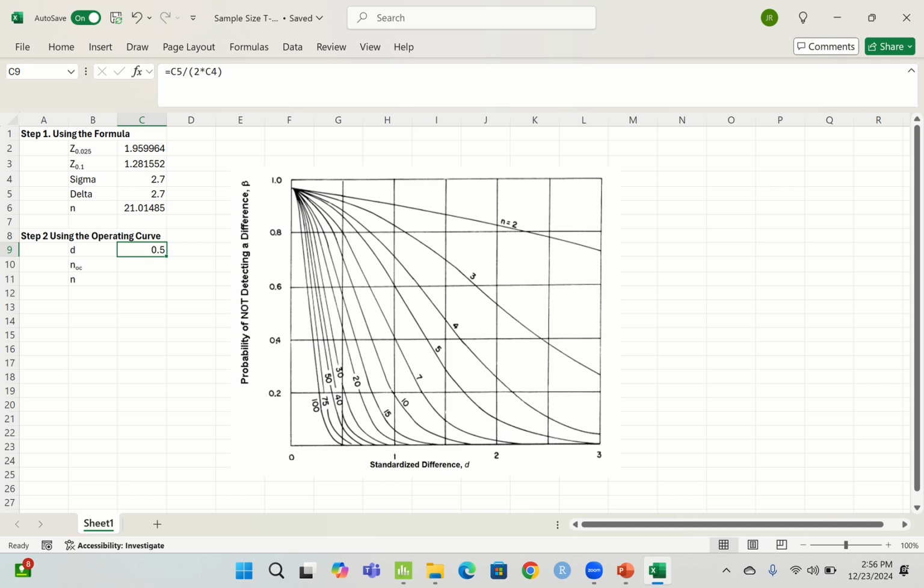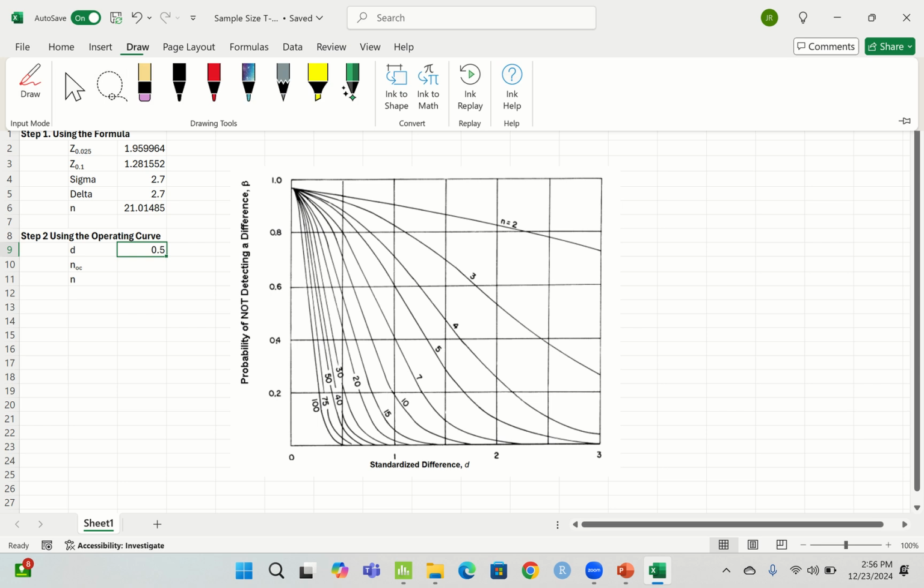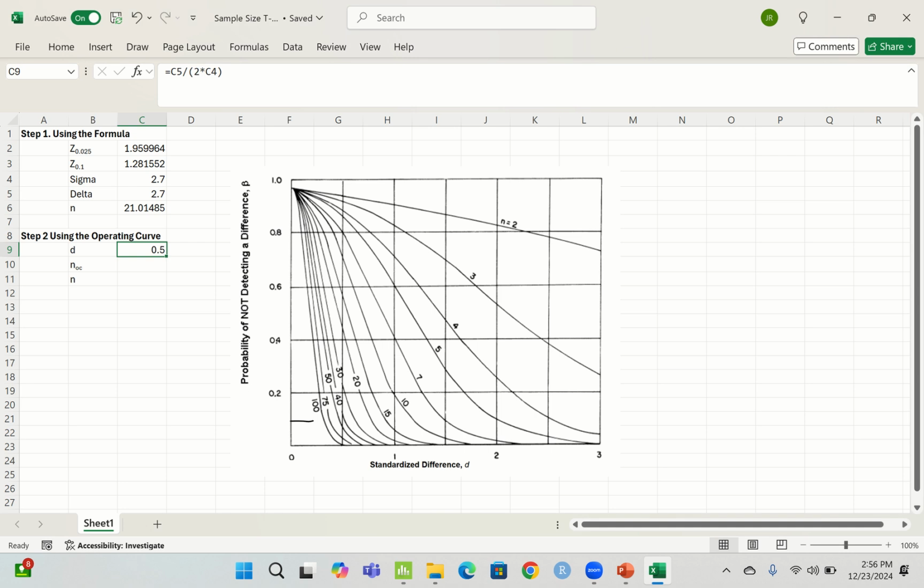So in this case, my beta is going to be somewhere between, so we can see beta over here. And if I draw a line about here, we can see that it touches the curve of 50, which is this curve right here, and it touches the curve of 40.